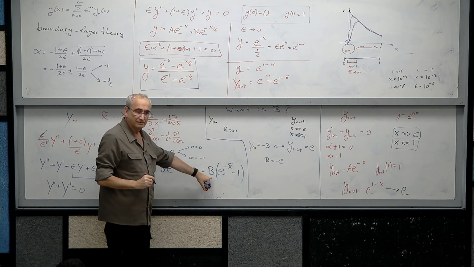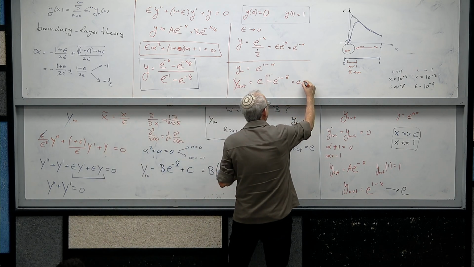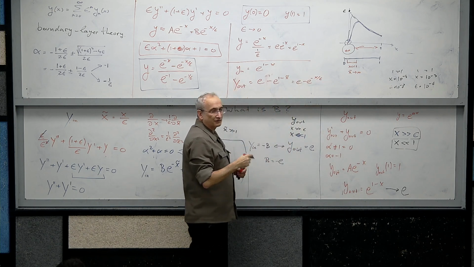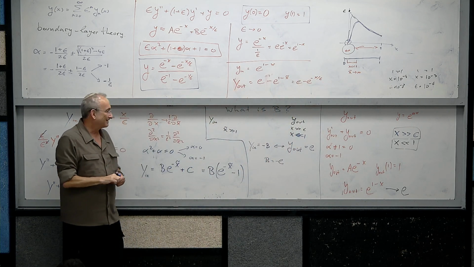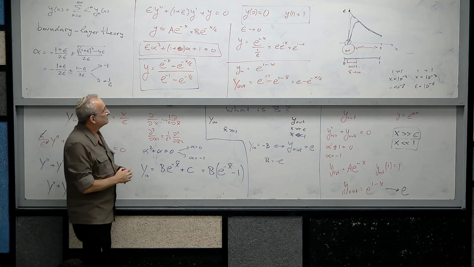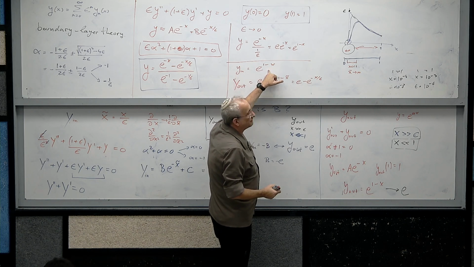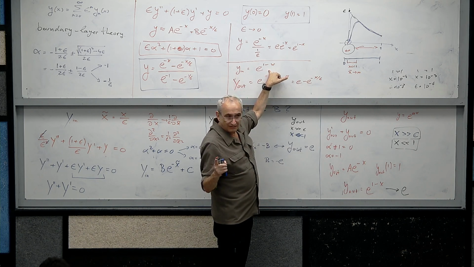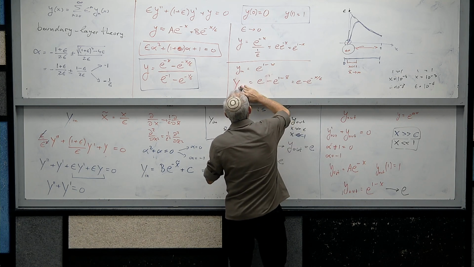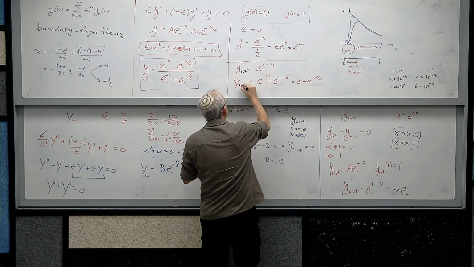You see? Now what is that? This is e minus e to the minus x over epsilon, after returning to the original definition of x tilde. You see that this satisfies the right boundary condition. This is y out, and this is y in, of course.